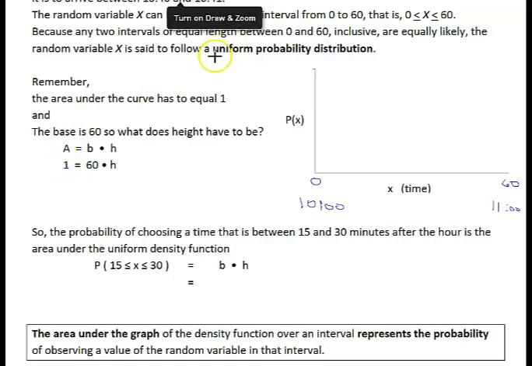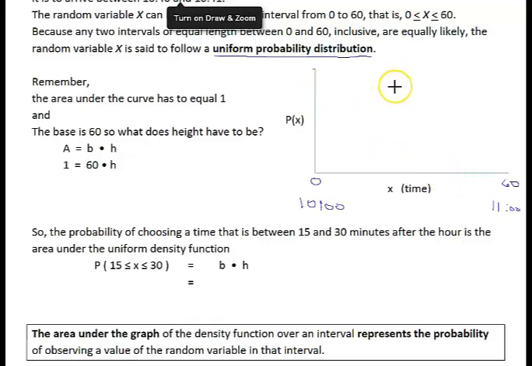And also, by the way, I forgot to say this is a uniform probability distribution. It's not going to be a nice little curve. It's just going to be flat straight across, because it is just as likely for him to come at 10:05 as it is for him to come at 10:57 or 10:33 or anywhere in between.